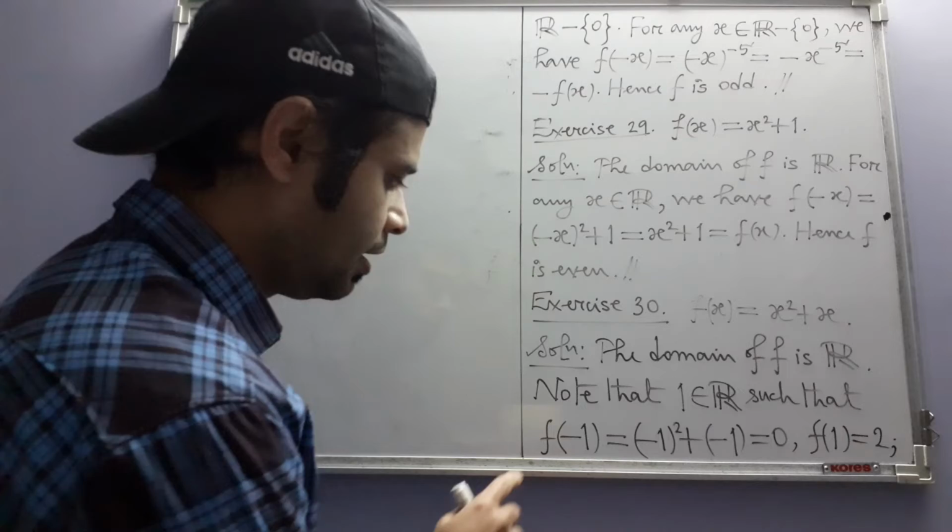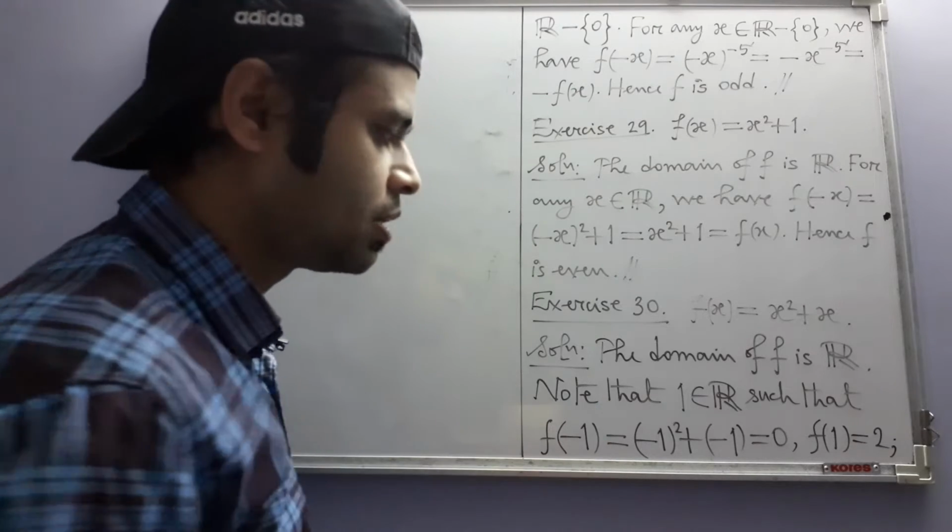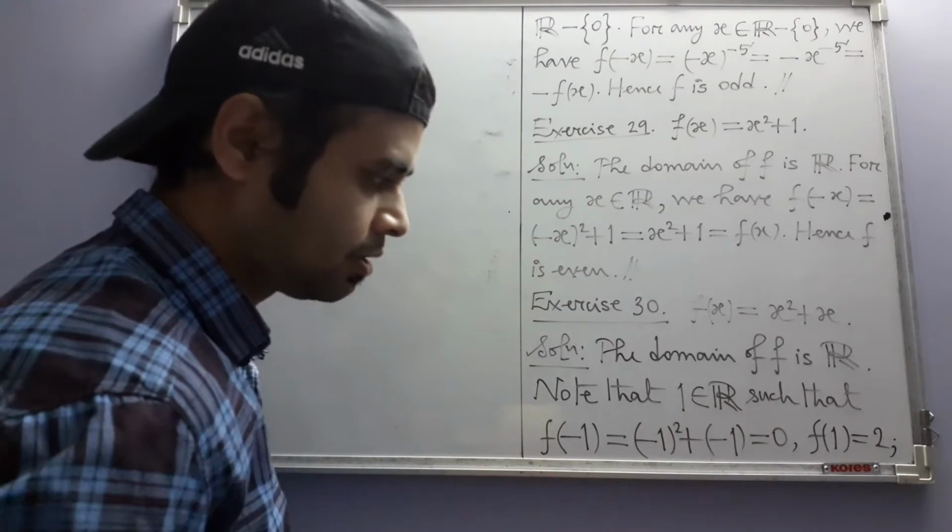So we see that f of minus 1 is not equal to f of 1. Clearly they are not equal.